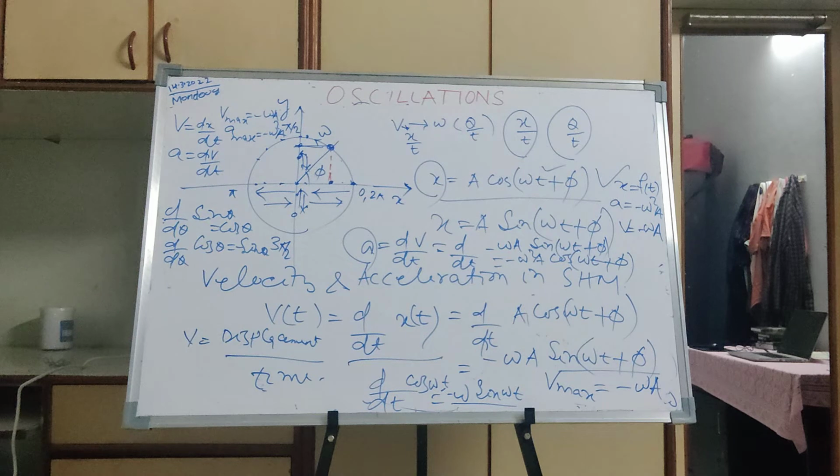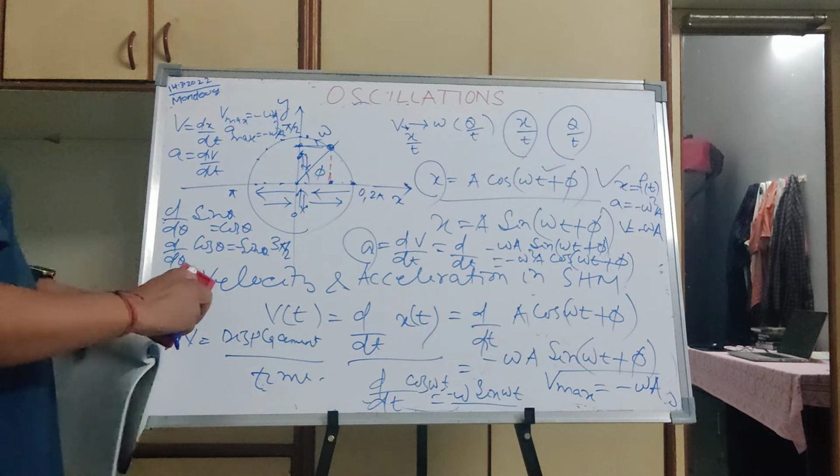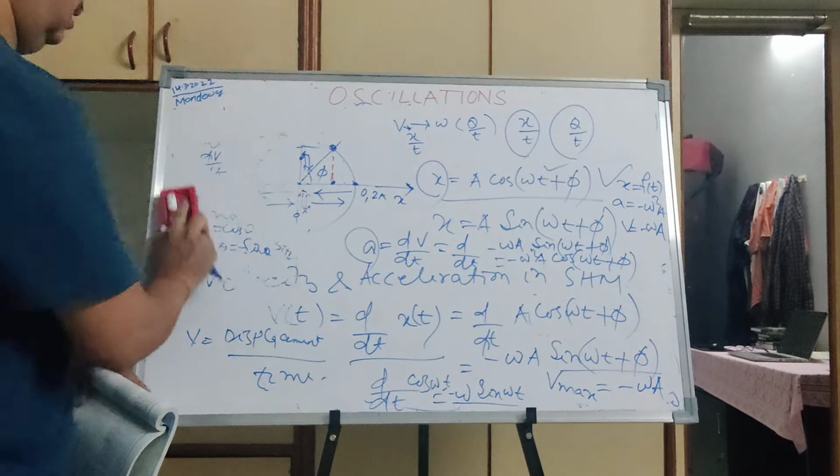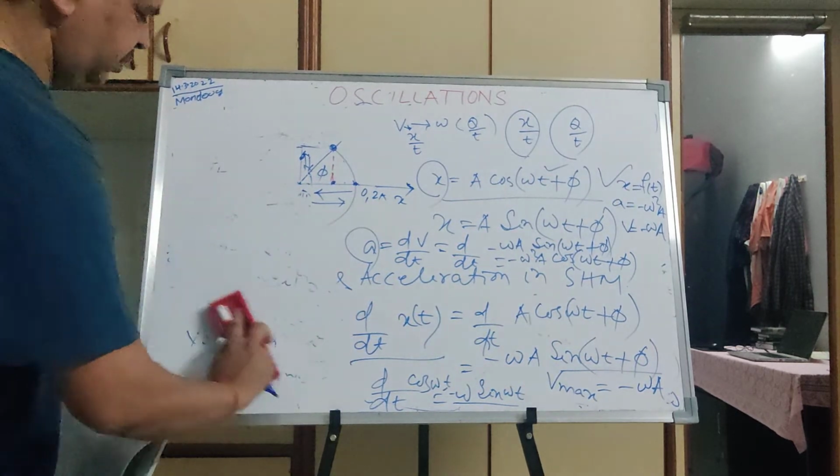We have correlated circular motion, the projection of a point on the x-axis, y-axis, which gives an equation of simple harmonic motion, and we have derived what the velocity and acceleration are in simple harmonic motion.